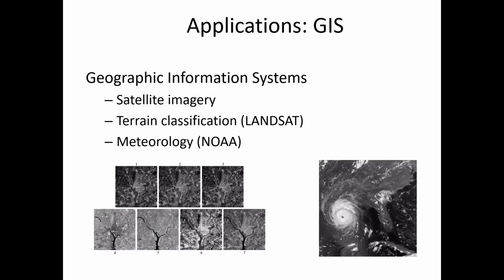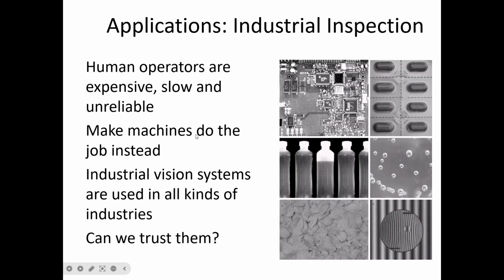Another place we are using this is geographic information systems, that is satellite imagery, terrain classification and meteorology. And also we are using digital image processing in industrial inspection.